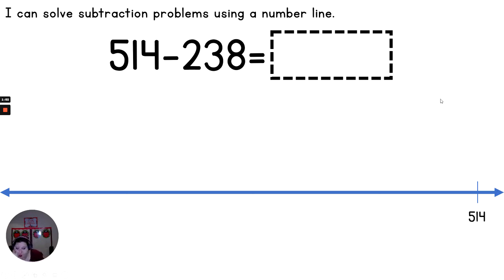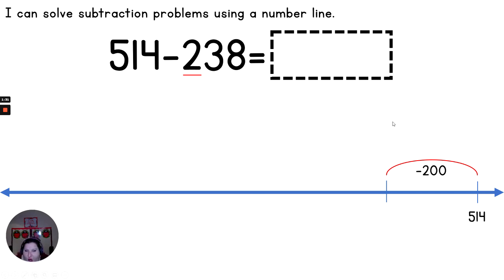All right, so, okay, 238. What should we start with? Why don't we go ahead and start with our hundreds? We have a 2 in the hundreds place, so we're going to take away 200. 514 take away 200. 500 take away 200. All right, so we can use a smaller problem to help us with this.